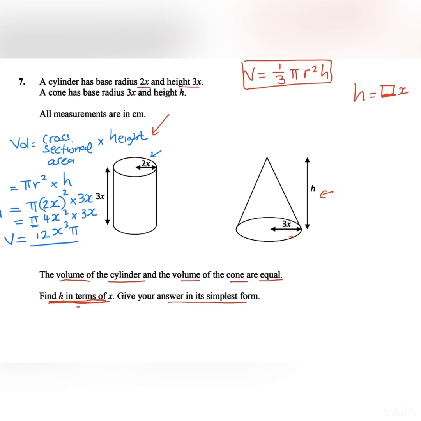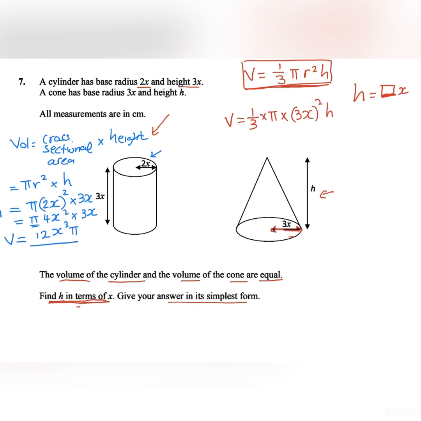Now, we're given this formula, which is volume equals 1/3 pi r squared h. So again, just substituting the values into here. I'm going to write down V equals 1/3 times by pi times by the radius. Now the radius is from there to there, which is again 3x, not forgetting to square that, and h.